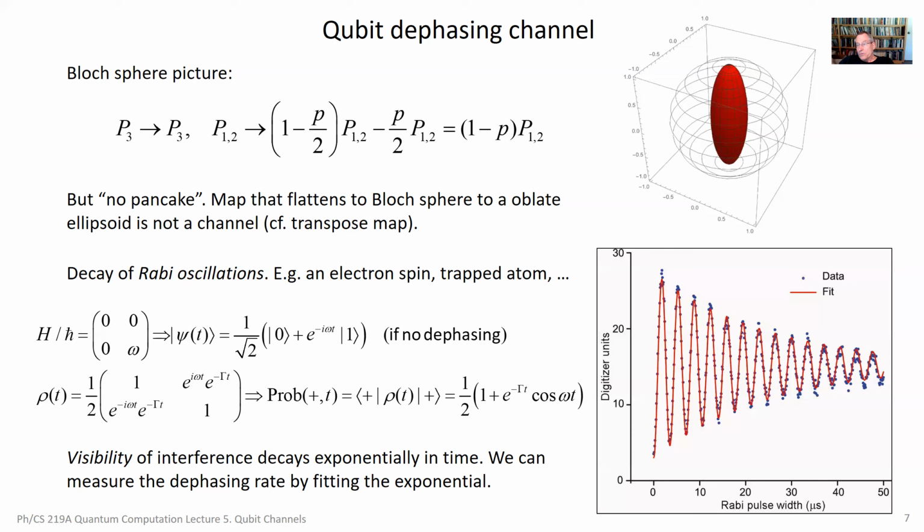Then if I don't worry about dephasing, if there's no decoherence, I'm just solving the Schrodinger equation, then the excited state in a time t picks up the phase e to the minus i omega t. The ground state is unaffected by the time evolution.